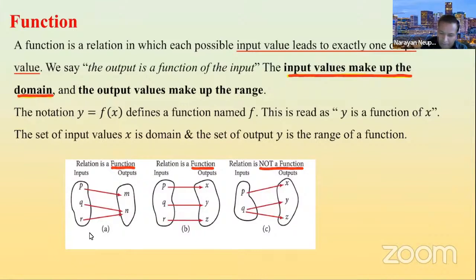So for the first mapping diagram, if I want to write it down, I can write just below that. Domain for the first one is P, Q, R. And the range, as it is said in the definition, the output values make up the range.